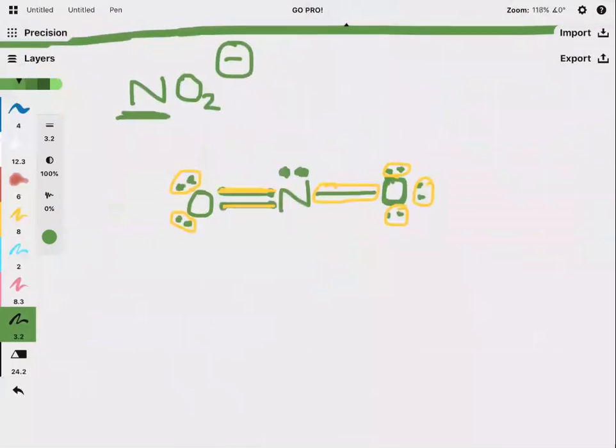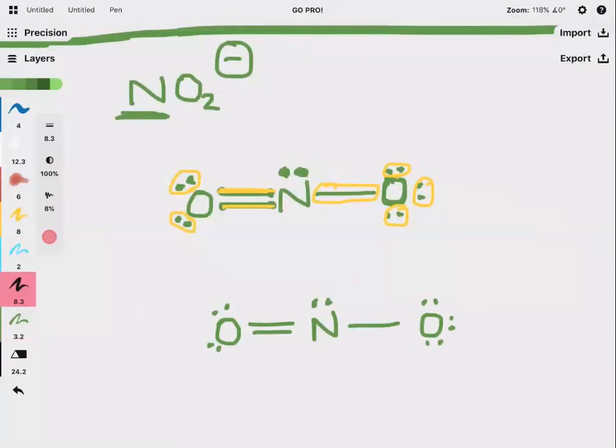So let's add up our formal charges here. And we're not even going to use that equation that I showed you. Let me rewrite this so it's a little bit easier to see, okay? So here's what our structure looks like so far that we're building from scratch. So now we're going to put formal charges on it.